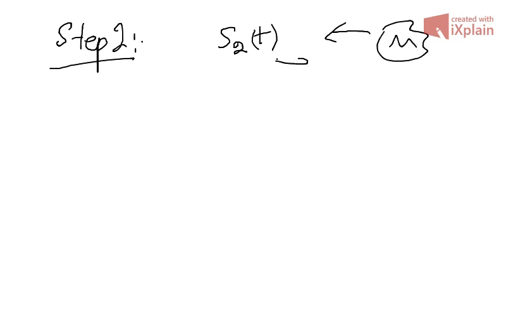Now in step 2 what we can do, we can choose another waveform and we call it S2 of t, another waveform from that set M. So this is a second waveform, S2 of t, and of course it has its energy E2, right? Well, we will not use the energy of this signal, but suppose it has energy E2.